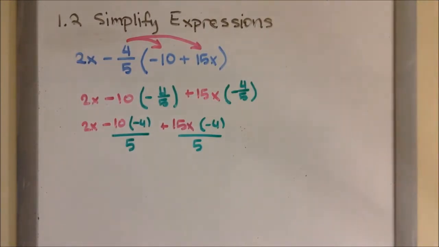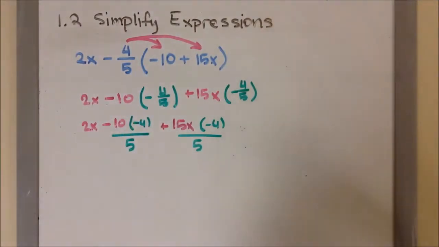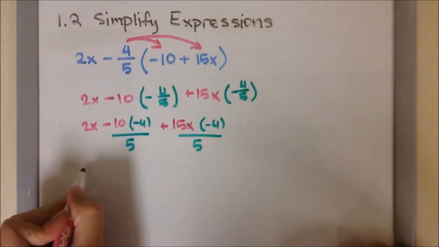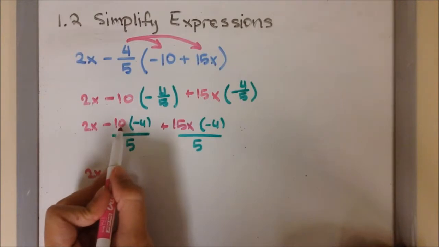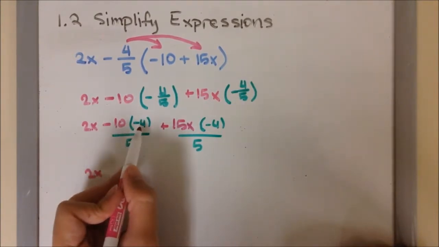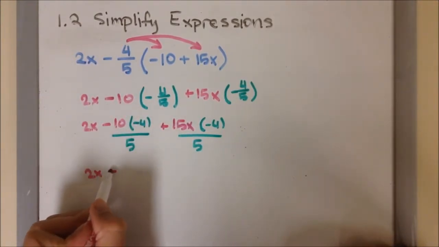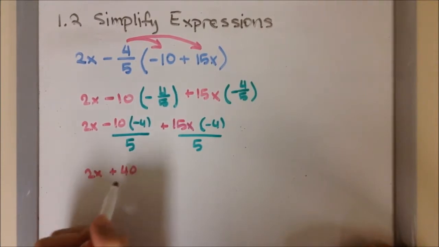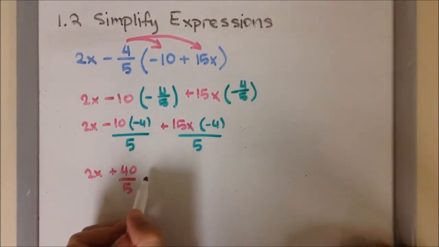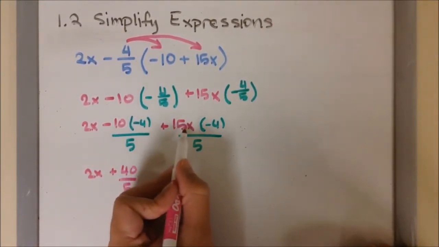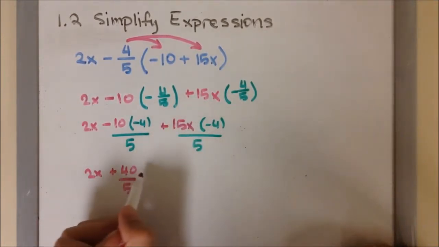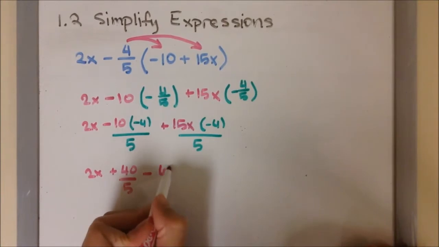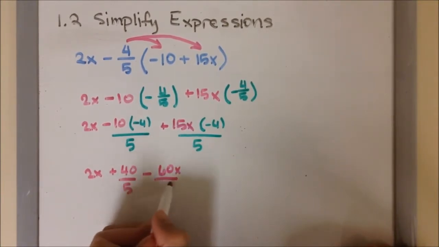Alright, I'm going to simplify the numerators because they're multiplying. Nothing's happening here, so it's just 2x. So minus 10, meaning negative 10 times negative 4, that's going to be plus 40 over 5. And then positive 15x times negative 4, that becomes negative 60x over 5.